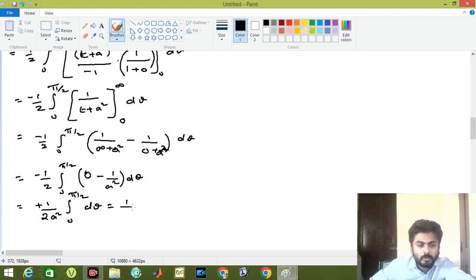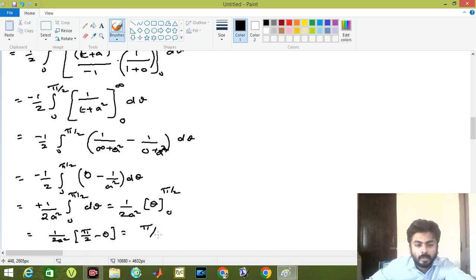That is equal to 1 by 2a square into theta. For theta I substitute the limit 0 to pi by 2, so that is equal to 1 by 2a square into pi by 2 minus 0, which is equal to pi divided by 4a square.